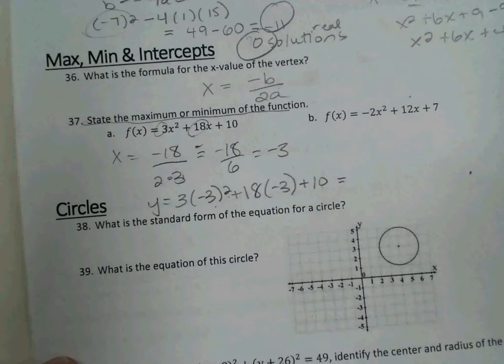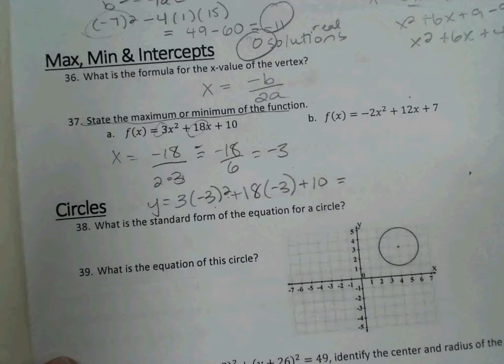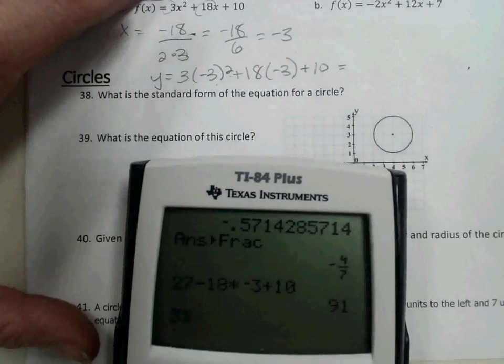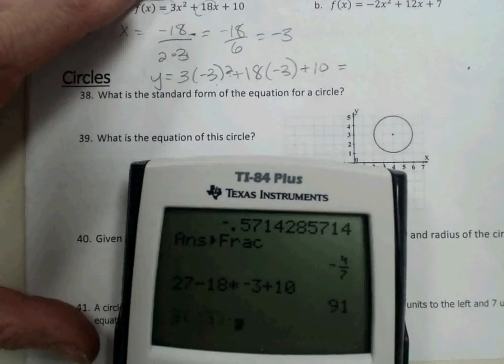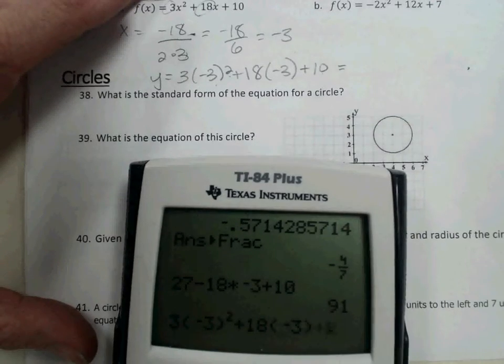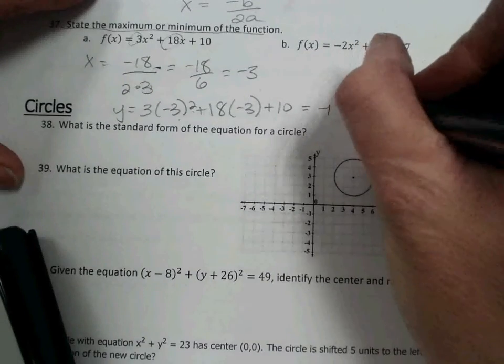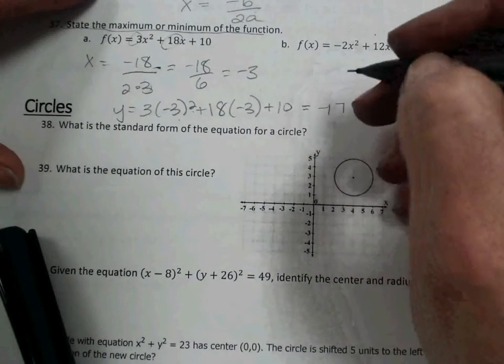I got negative 17. So we did 3 times negative 3 squared plus 18 times negative 3 plus 10. Last time you put minus 18. Negative 3. That's what I did. Thanks. Good eye there.